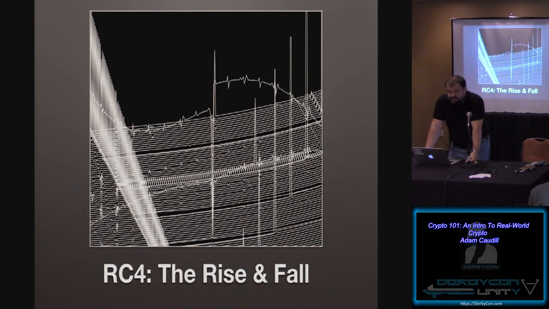In 2011, the BEAST attack was announced, which was an attack against CBC mode, as implemented in TLS. The best short-term fix that was available at the time was to stop using AES and transfer all your traffic over to RC4, which is exactly what people did.